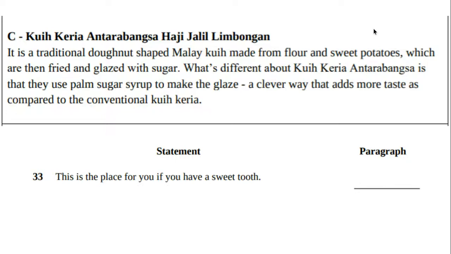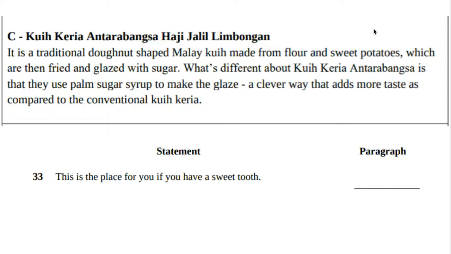Here, it is a traditional donut-shaped Malay kueh made from flour and sweet potatoes, which are then fried and glazed with sugar. What's different about kueh Korea antarabangsa is that they use palm sugar syrup to make the glaze, a clever way that adds more taste as compared to the conventional kueh Korea.